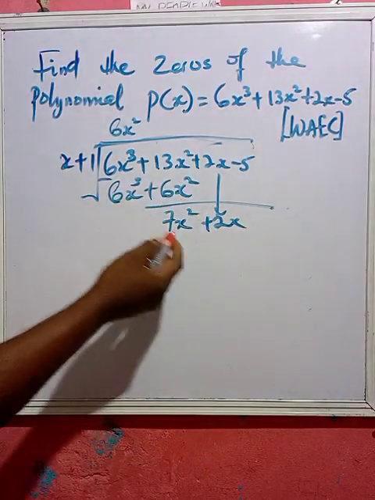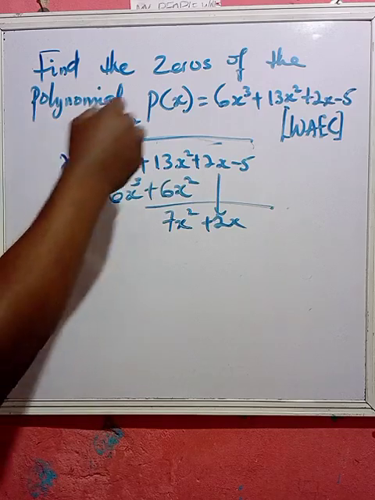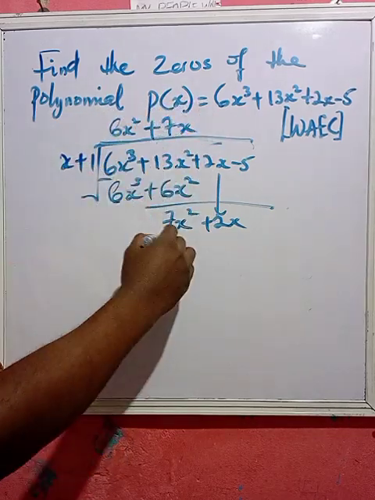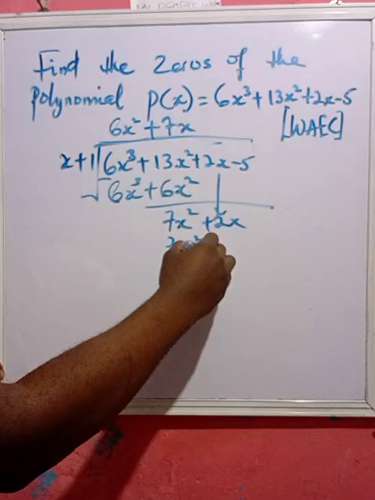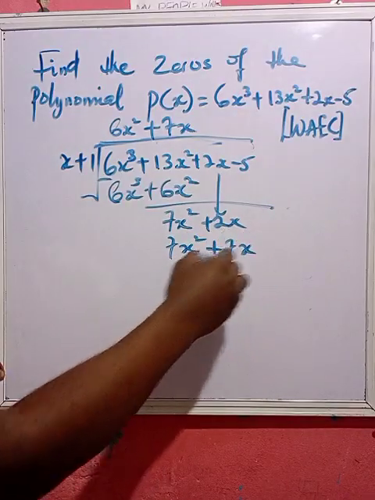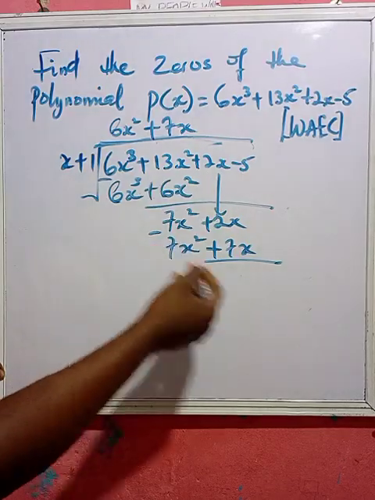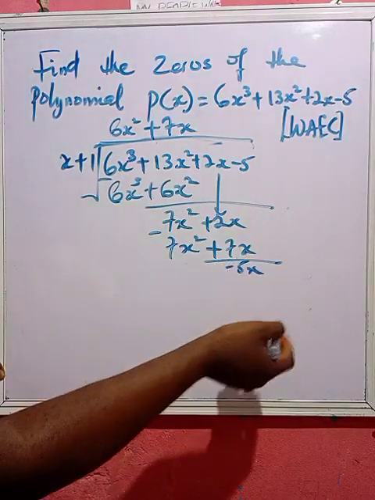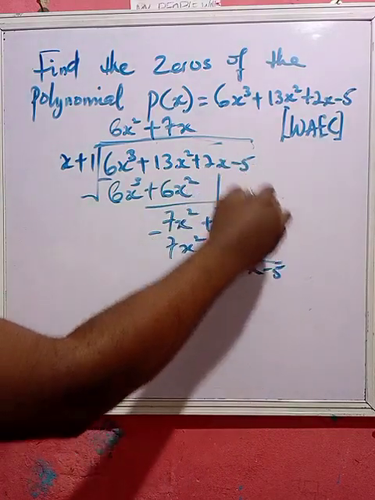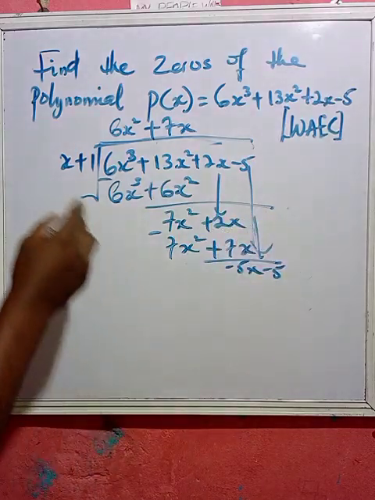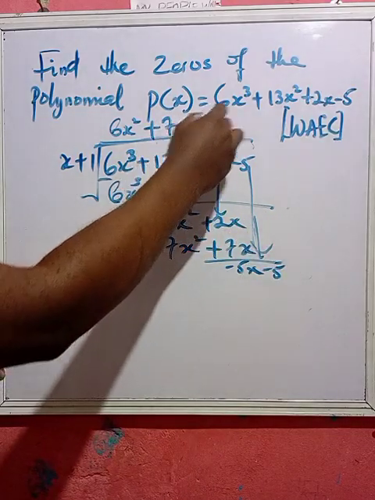Now x into 7x squared should give us plus 7x. Now 7x times x again gives us 7x squared plus 7x. We'll subtract again. This will be 0. Meanwhile, 2x minus 7x will give me minus 5x. And I'll bring down minus 5 on this other side. Now x into minus 5x is minus 5.